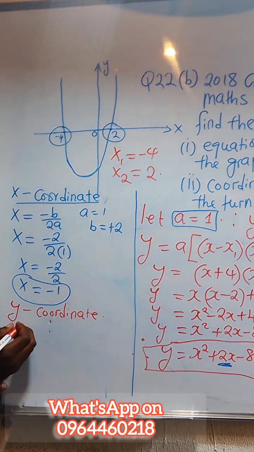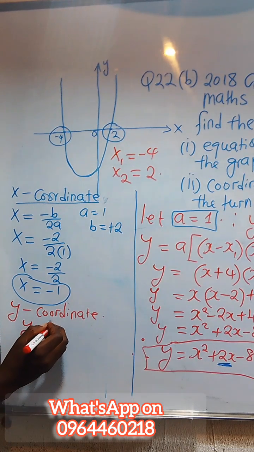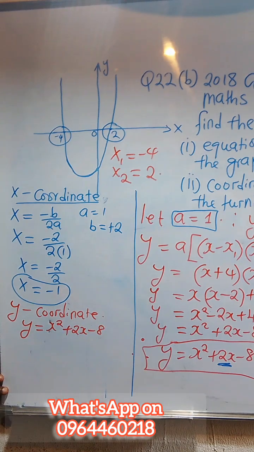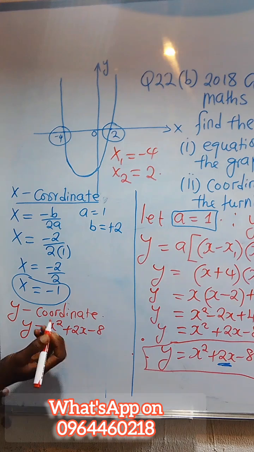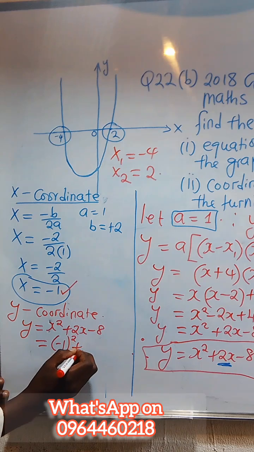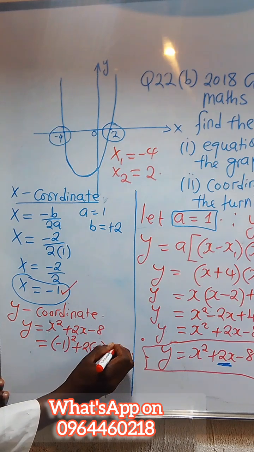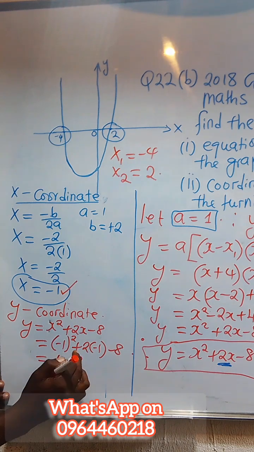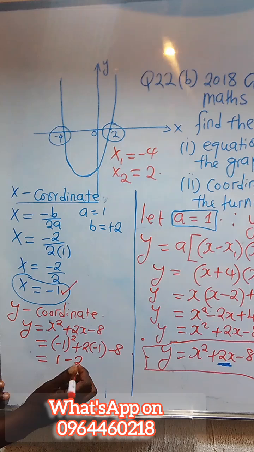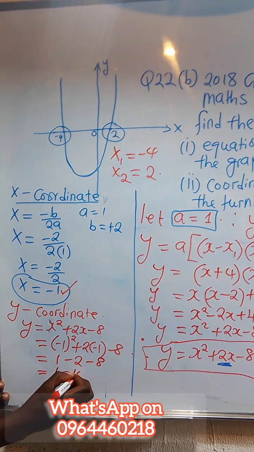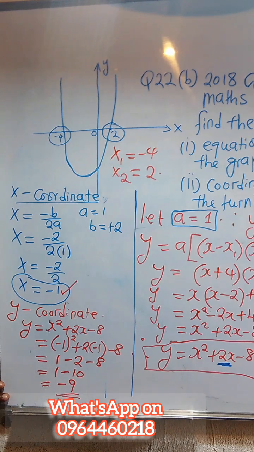So y is equal to x squared plus 2x minus 8, which is negative 1 squared plus 2 times negative 1 minus 8. This is 1, plus 2 multiplied by negative 1 which is negative 2, minus 8. So we have 1 minus 10, which gives us negative 9. That is the y coordinate.